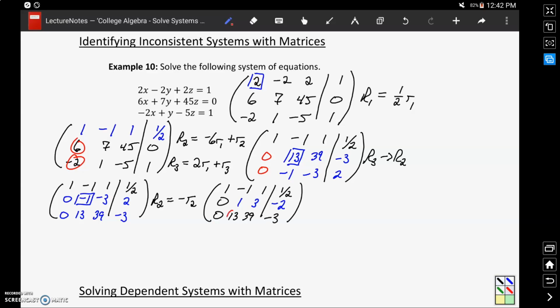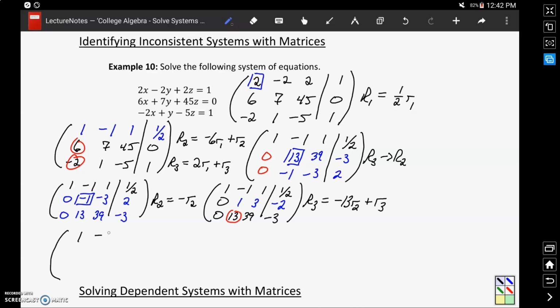Our next step will be to zero out the 13 in row 3. And we can do that by updating row 3 by taking -13 times our values in row 2 and adding that to row 3.